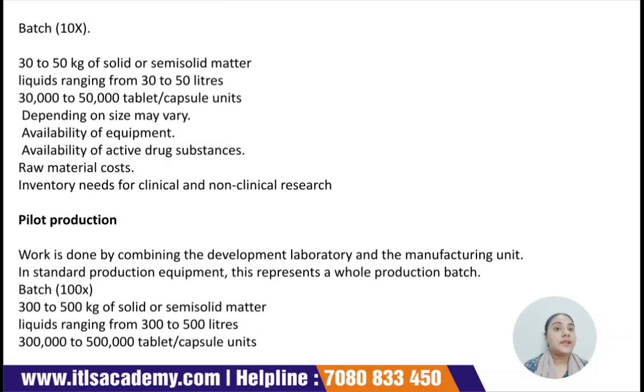So as you increase the batch, of course everything will increase. Here the liquid ranges from 300 to 500 liters, and the units are 3 lakhs to 5 lakhs tablets or capsules per unit. So depending upon the batches, everything changes.